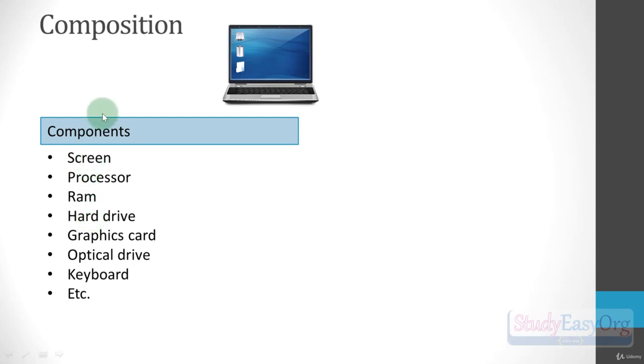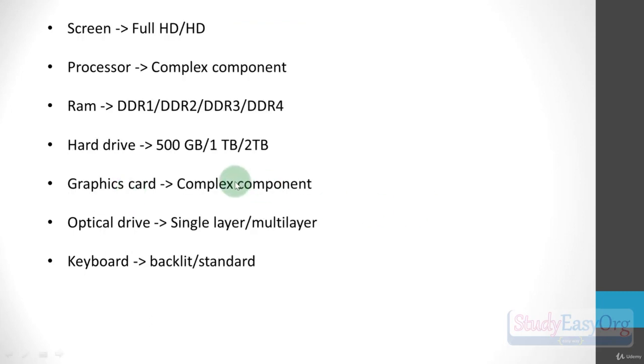Now friends, these components are simple in a few cases, and these components could be complex in a few cases. Let me show you the next slide. Now here is the list of components. Screen, RAM, hard drive, optical drive and keyboard are simple components, and we can easily use a property or a variable in order to denote these components.